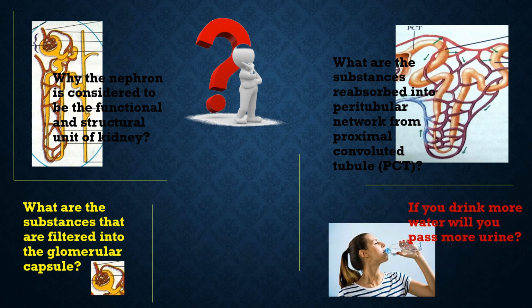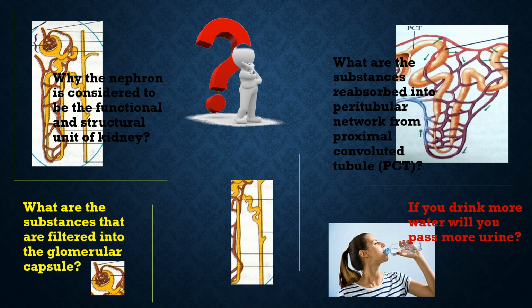If you drink more water, will you pass more urine? What are the substances that are secreted into the DCT? We will be able to answer these questions after completion of the topic, the mechanism of urine formation.